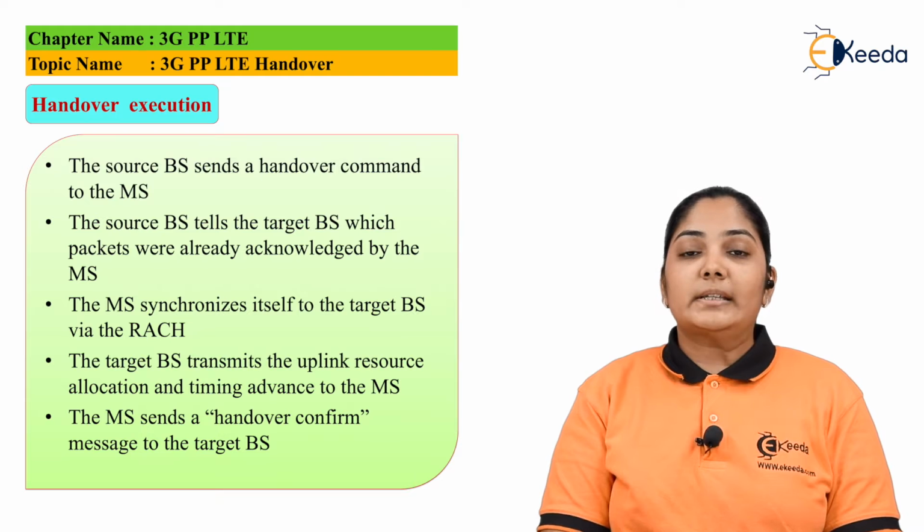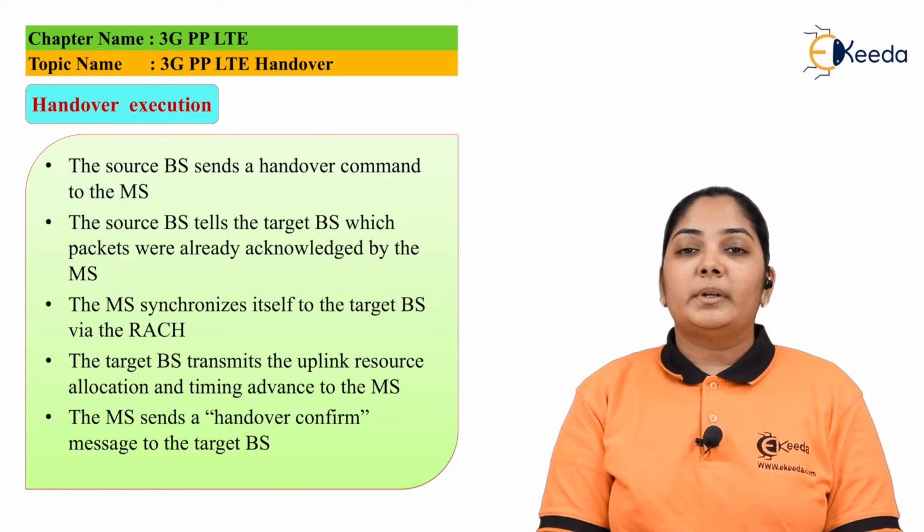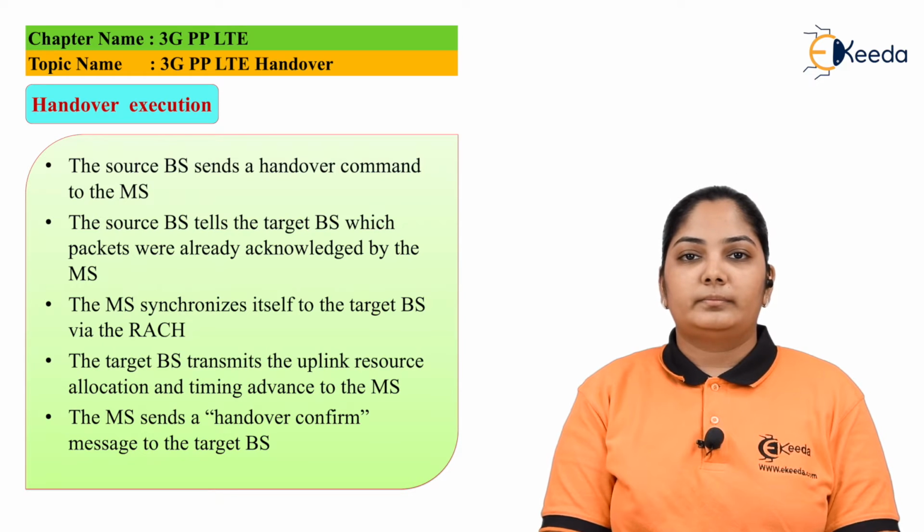The mobile station synchronizes itself to the target base station via RACH, that is the random access channel. Remember, a preliminary synchronization was already achieved during the cell identification process, that is, when the cell did its measurements. Next, the target base station transmits the uplink resource allocation and timing advance to the mobile station.